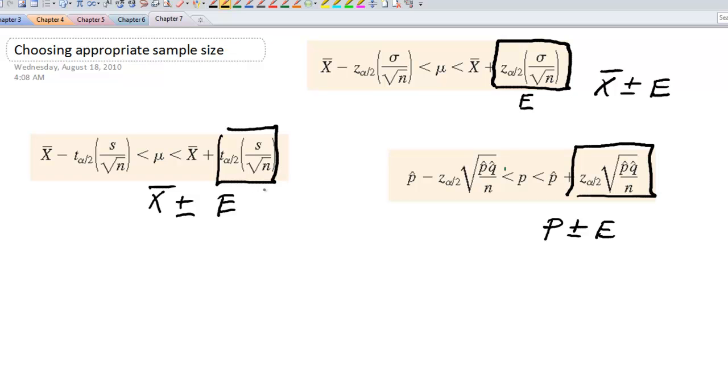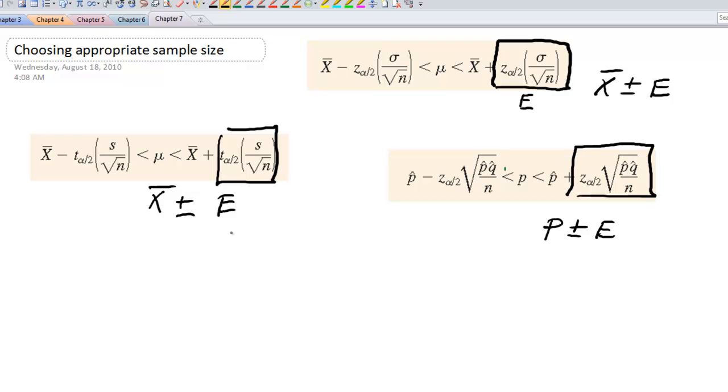Now that error is very interesting because just like you have tolerances in science, where you want to be within 1/100th of a centimeter, you also have tolerances in statistics where maybe you want to be within 50 cents, or on a proportion, you want to be within 2%.